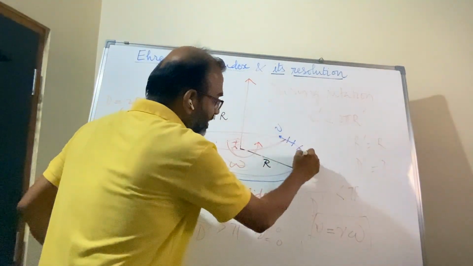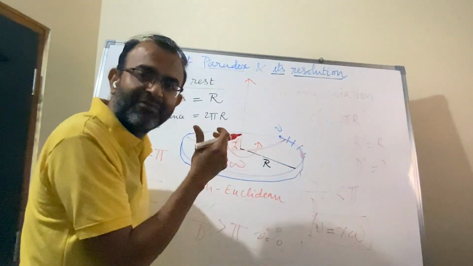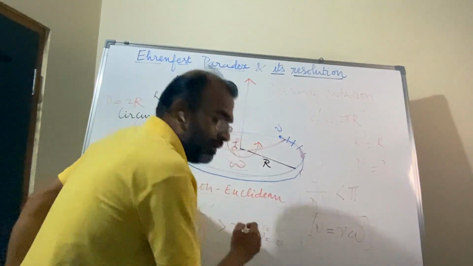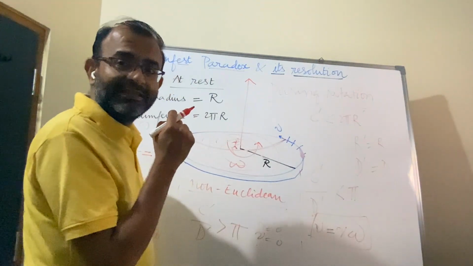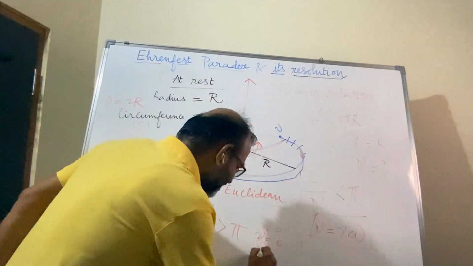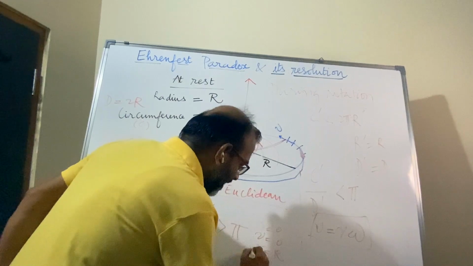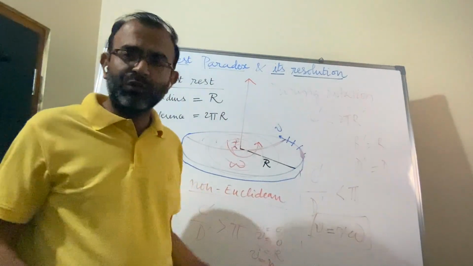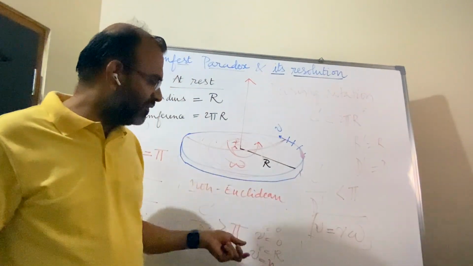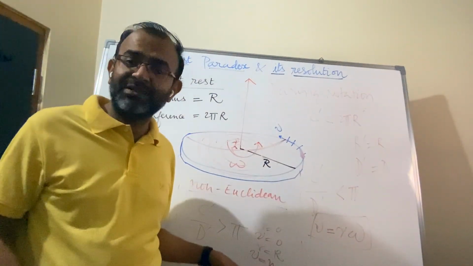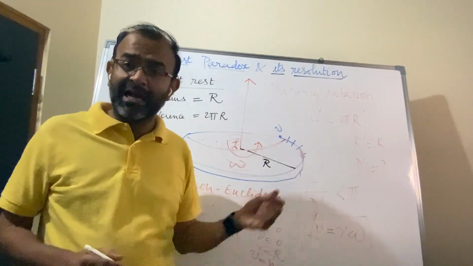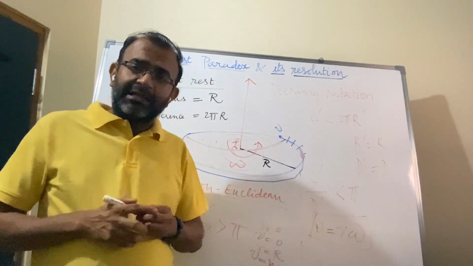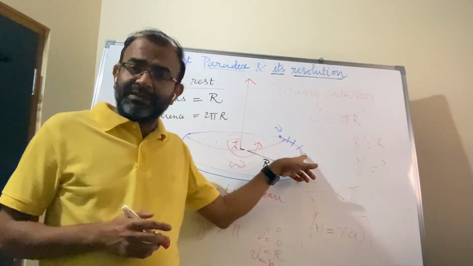And at the periphery, where we would expect to see the maximum effects of length contraction, r is equal to capital R and V is maximum. So when we discuss the velocities in this problem, it is generally attributed to the maximum velocity at the periphery of the disk, and therefore if at all there is length contraction in this problem, that would be maximum at the periphery of the disk.